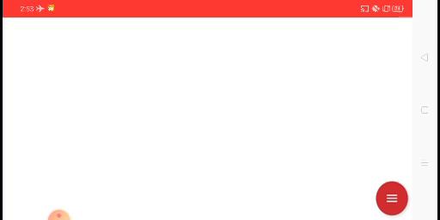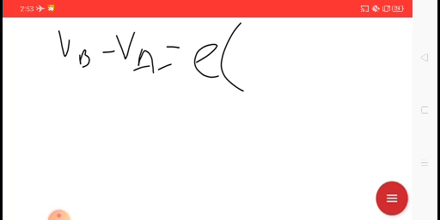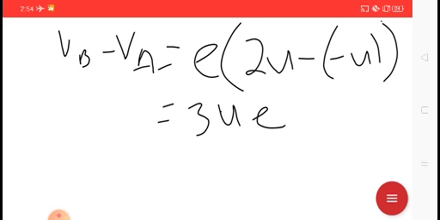VB minus VA equals e times 2u minus negative u. By simplifying, you will have 3ue. Okay, so this is the first equation.